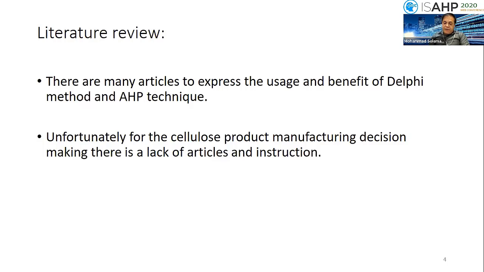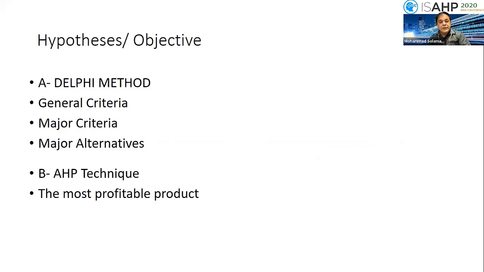There is a lack of any article or case study about making a production line for paper. This paper guides investors to choose the right paper product and invest with no worry about the investment.